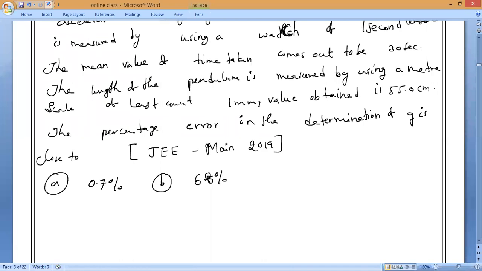You have to apply class 9th knowledge here also. Option C, 3.5%, and option D, 0.2%. So these are the options. Clear, everybody?